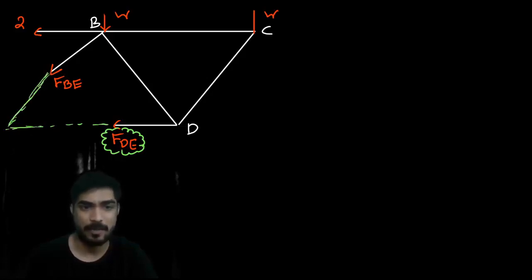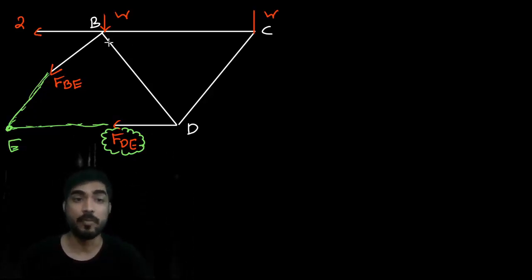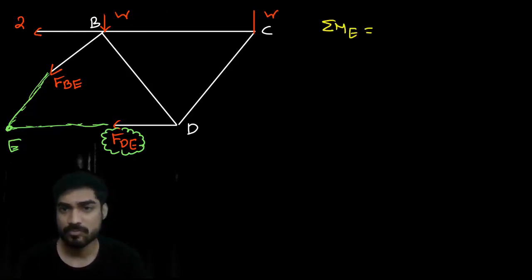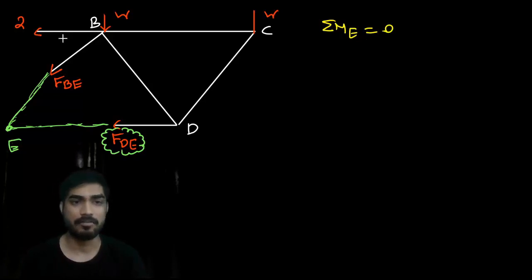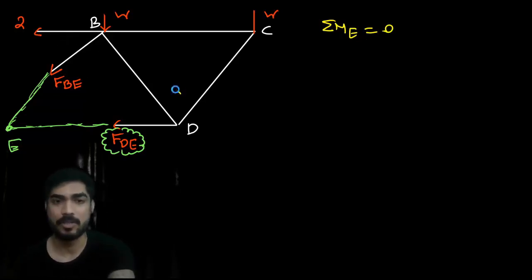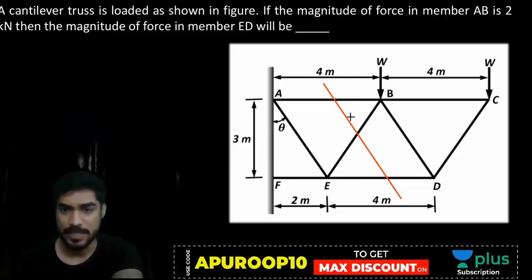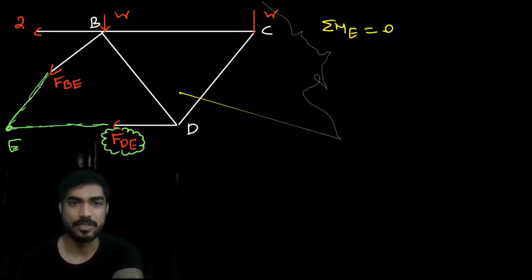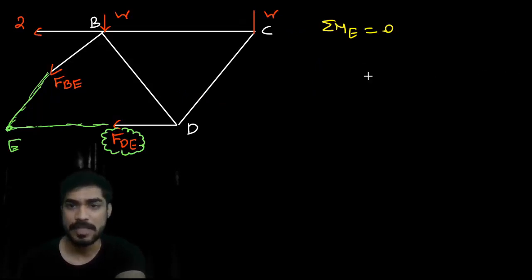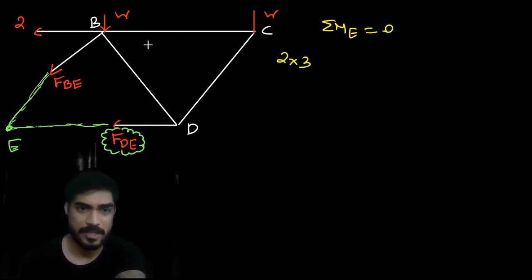If I take moment at E, then the moments of BE and DE will be gone, and you will get W. So 2 multiplied by the vertical distance, 3 meter. Its moment will be anti-clockwise.